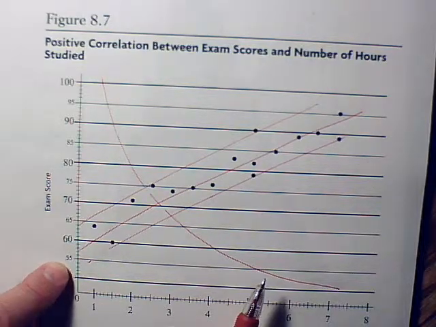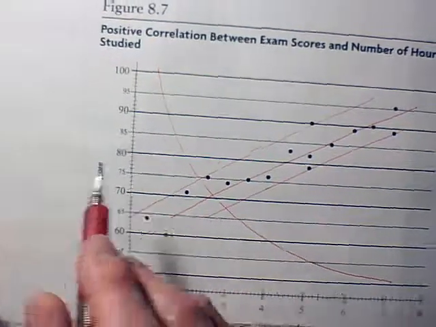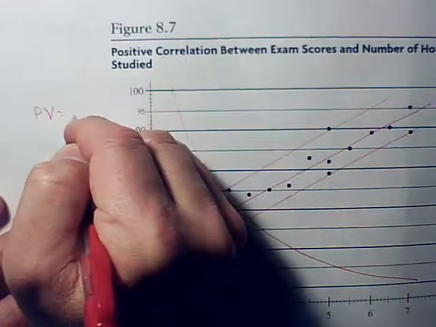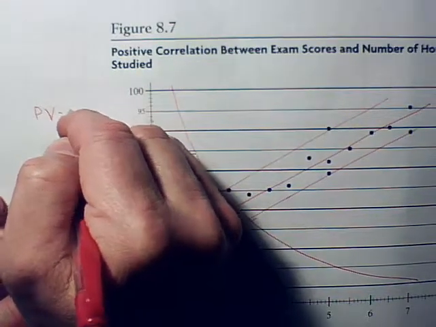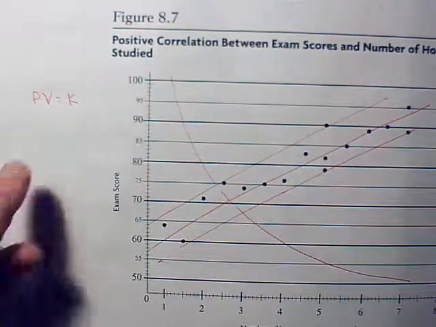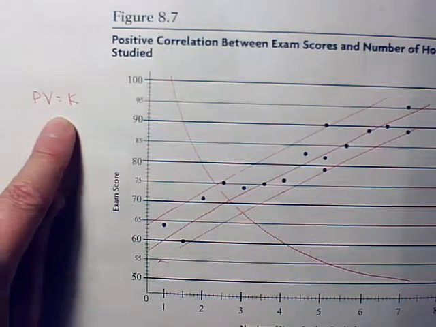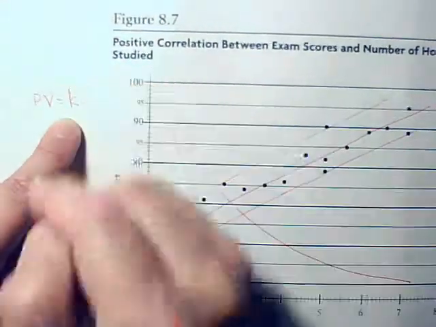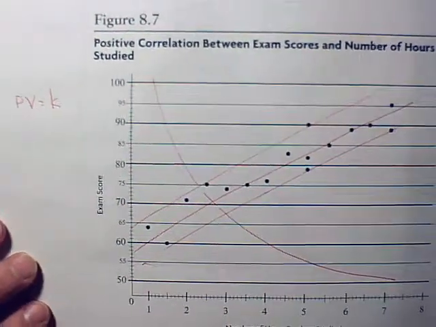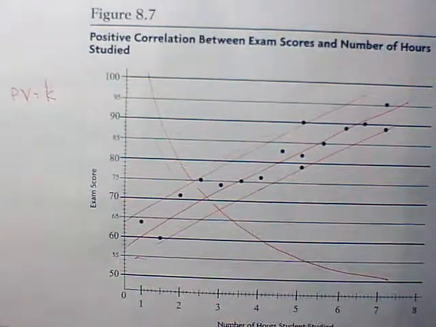If it's a very simple mathematical relationship, we have something like P times V equals k, some constant. When we're comparing just pressure against volume, we get it equal to some constant. It should be a little k, not a capital K. That would make this inverse variation. So there's a difference between correlation and variation.